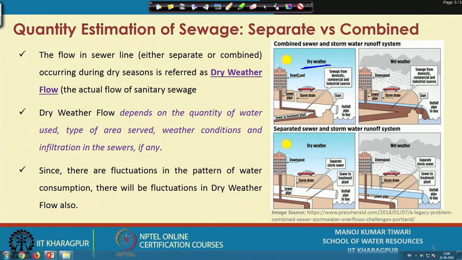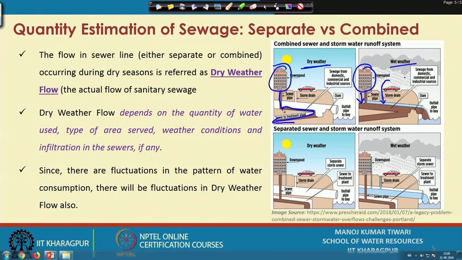The domestic, commercial, or urban sewage comes through this sewer pipe into this channel and then goes to the treatment plant. What happens in wet weather, when there is a lot of rainfall? The sewage is still coming in, and the rainfall coming through the storm drain is also coming into the same sewer.